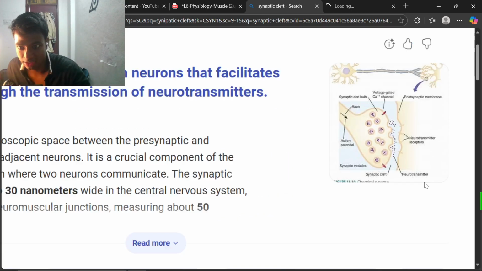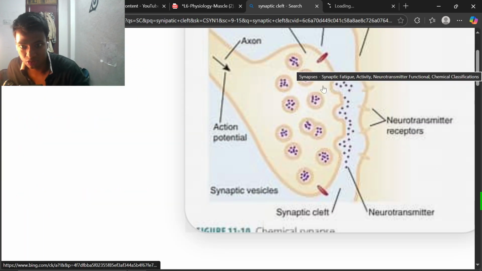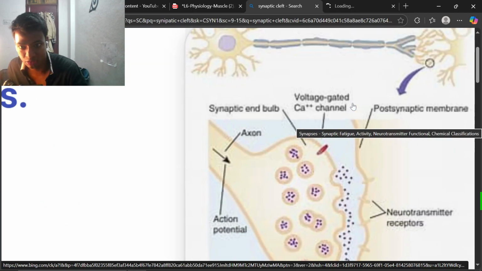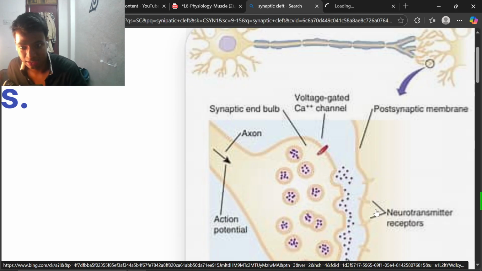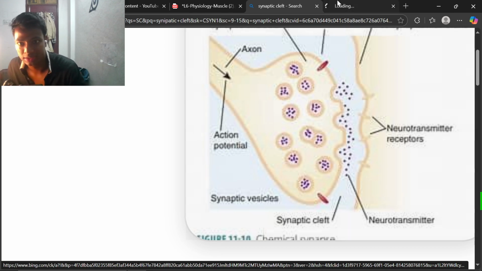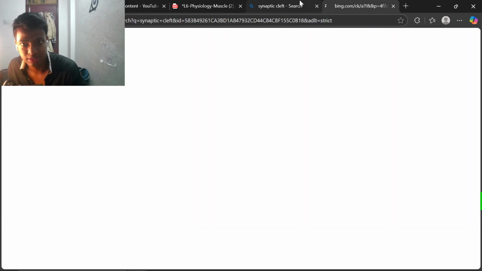You can see here, this vesicle wasn't open until the action potential came and the calcium channel opened. Then it got opened.